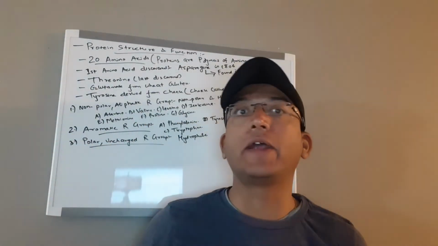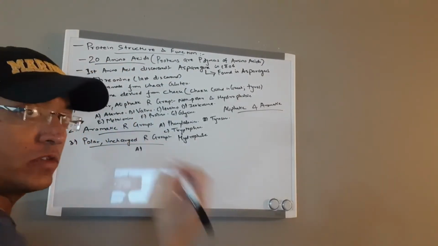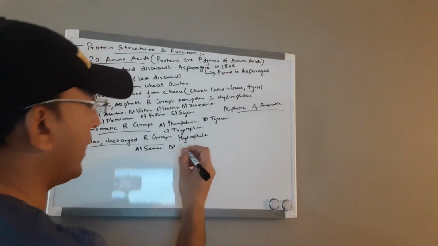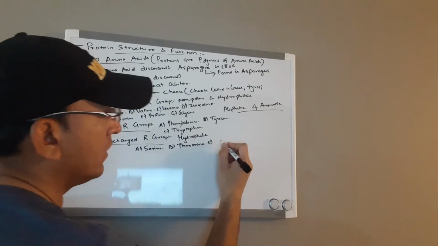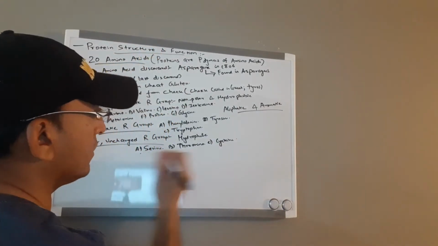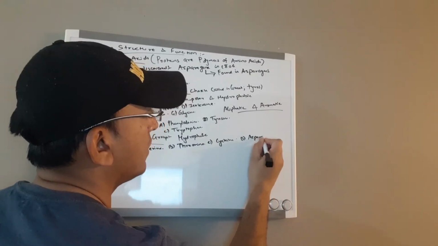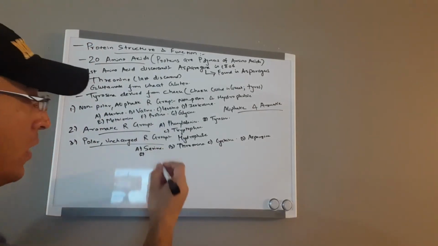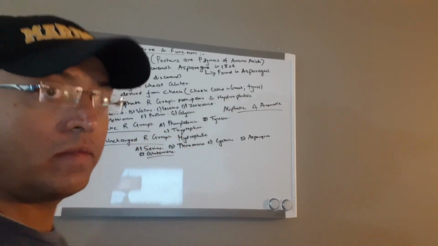Let me list this class here. They have serine, then threonine, then cysteine, asparagine, and glutamine.